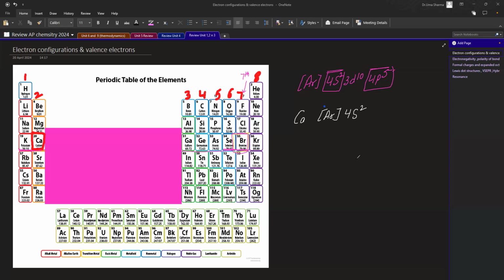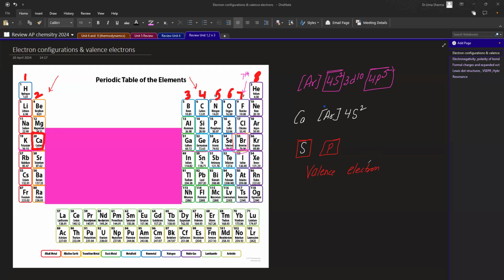What is the group number? Group number and valence electrons are the same for S and P block. This is S block, children. You're aware of the S block? This is S block, this is P block. For only S and P block, valence electrons are equal to the group number.